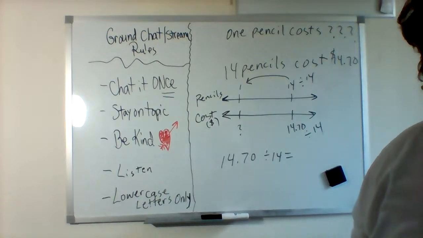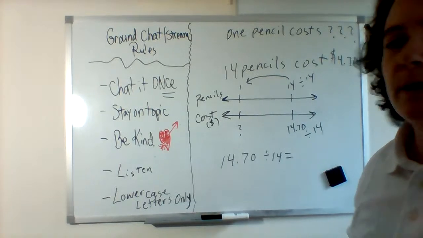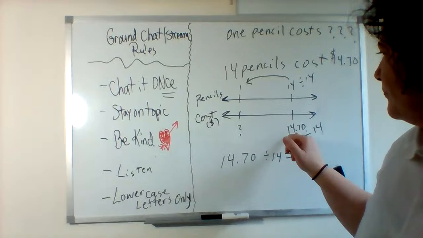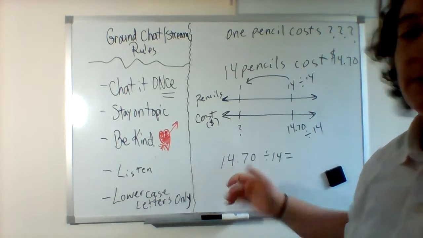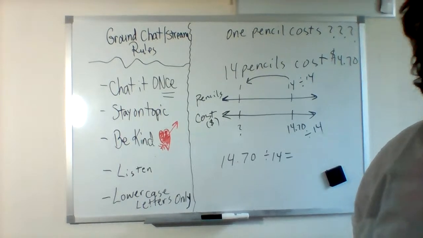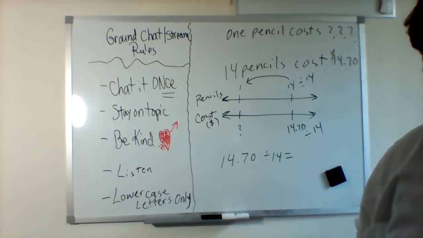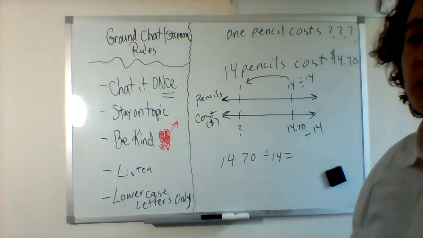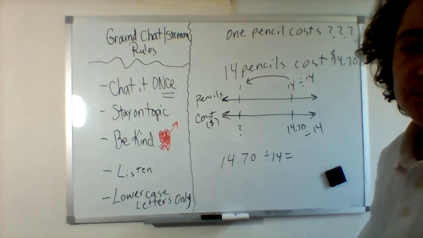And this is why I strongly believe that you should be making double number line diagrams or tables, because if you mix these two up and you put the wrong one in front, then you're not going to get the correct answer. What do we get? We don't get 95 cents. What do we get per pencil?